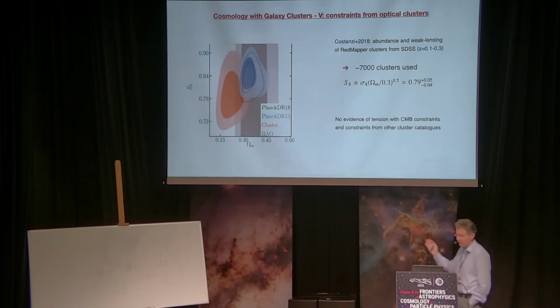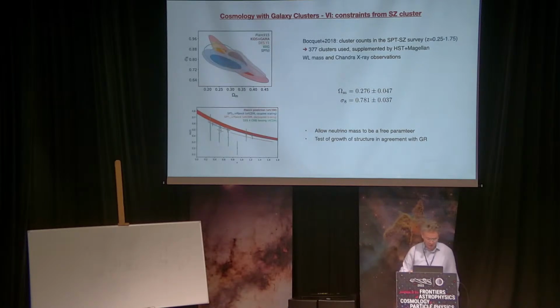So the gas fraction agrees with Planck, and optical galaxy clusters agree with Planck, with CMB constraints and constraints from other cluster and galaxy probes. This one is a bit different, in the sense that in this case you don't agree that much. This is using the SPT-SZ survey. It's a bit on the low side in omega matter.